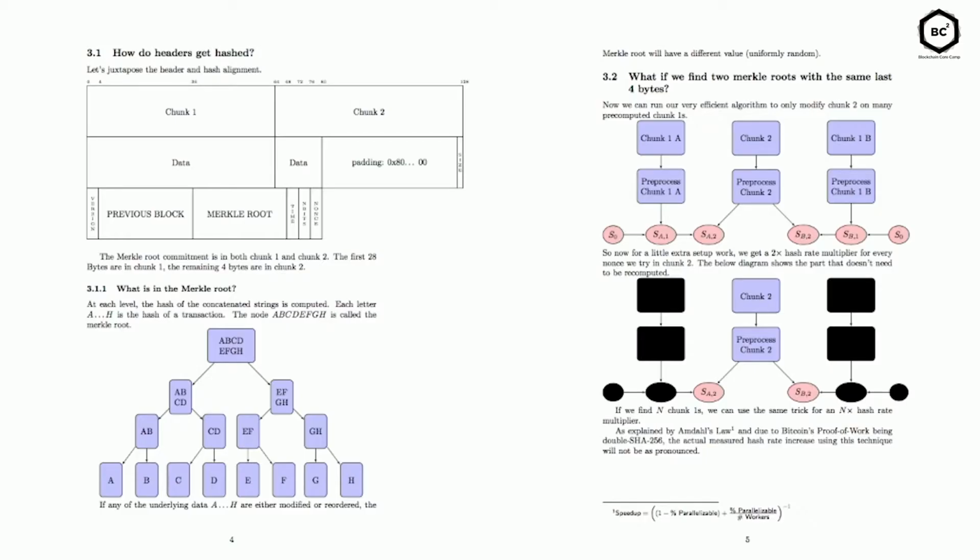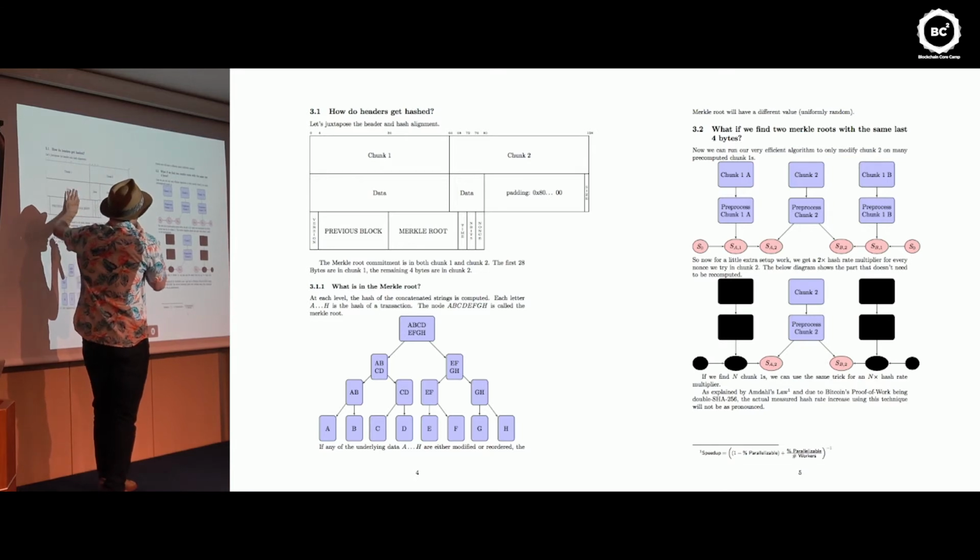So now let's look more specifically at how the headers get hashed. We have chunk 1 and chunk 2, lining up with data, padding, size. Chunk 1 contains the version, previous block, and most of the Merkle root.